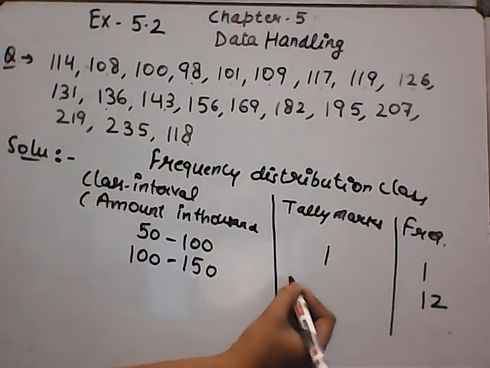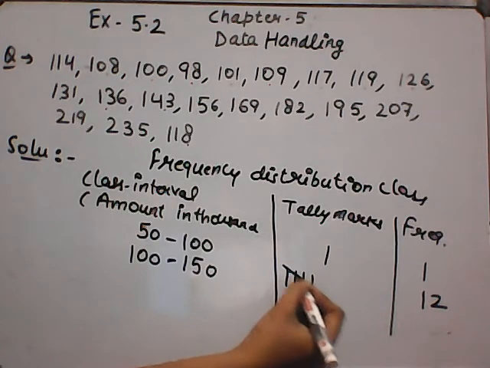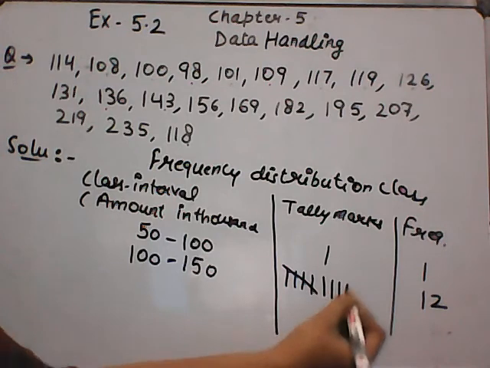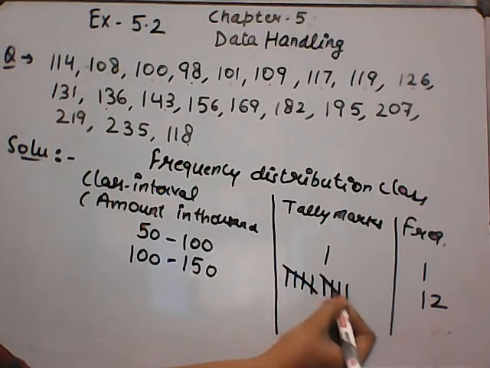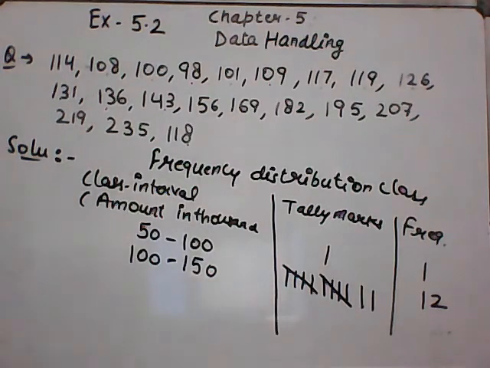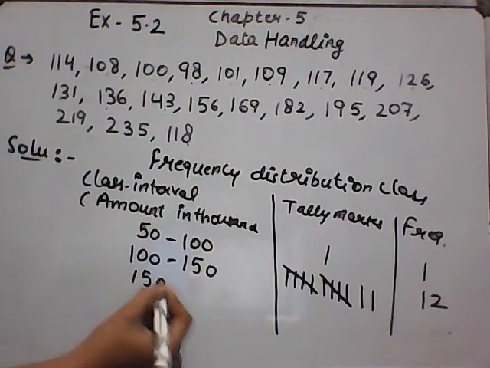12 can be counted in tally marks in this way: 1, 2, 3, 4. The fifth tally mark is drawn diagonally. 6, 7, 8, 9. The tenth tally mark is drawn diagonally. 11, 12. In this way, you have to represent tally marks. The next class interval is 150 to 200.